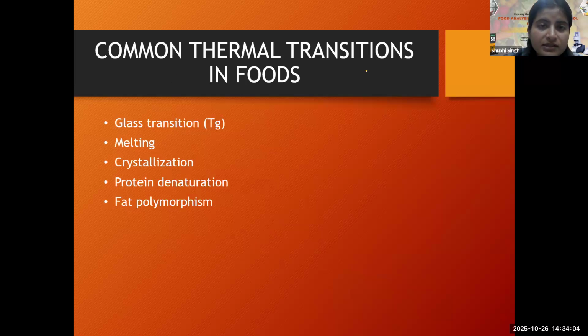Common thermal transitions in food are glass transition temperature, melting, crystallization, protein denaturation, and fat polymorphism. Protein denaturation is the temperature where your protein, with its alpha, beta, and different structures, primary, secondary, tertiary, quaternary, loses the tertiary and quaternary structure.